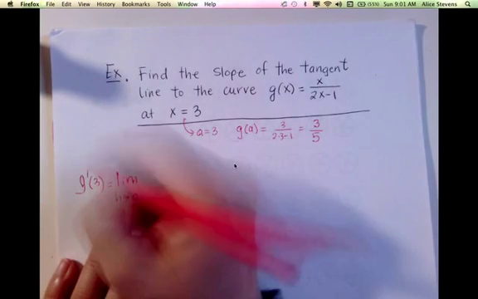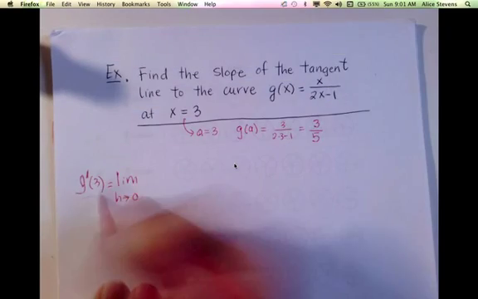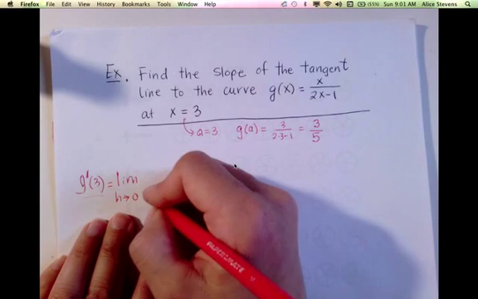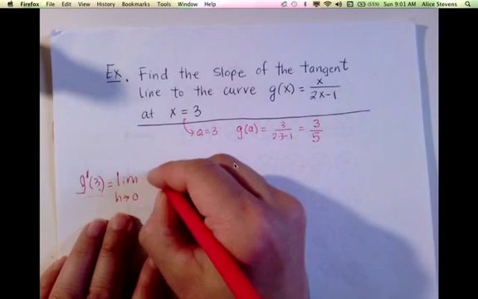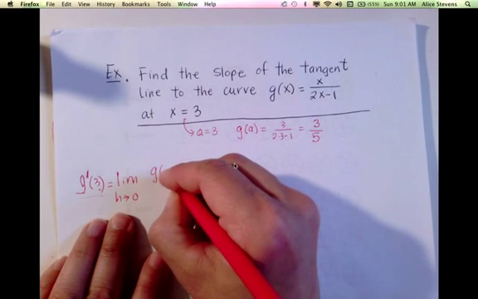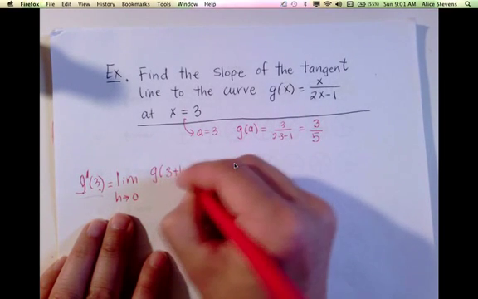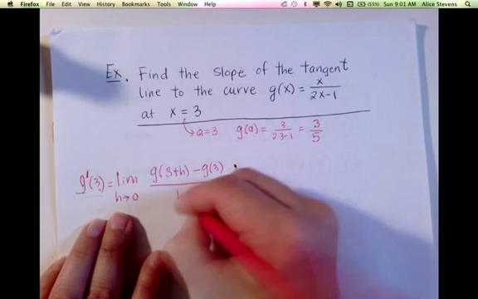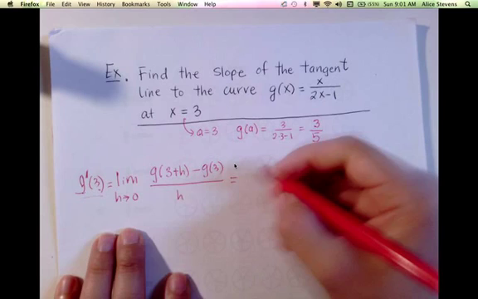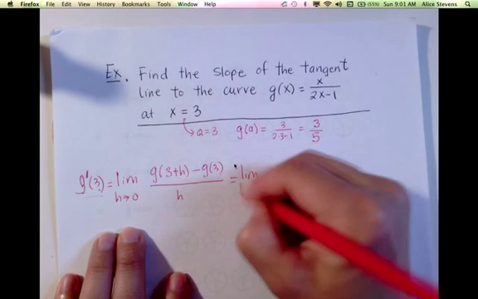Okay, so my slope of the tangent line, in other words, g prime of 3, or the derivative of g at 3, is equal to, let's see, g of 3 plus h minus g of 3 over h.